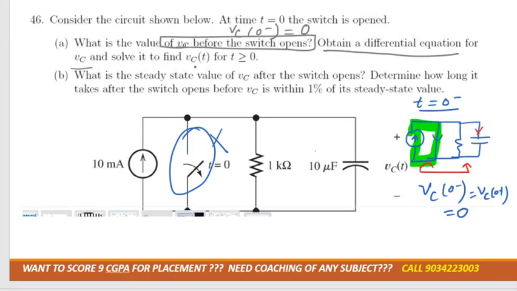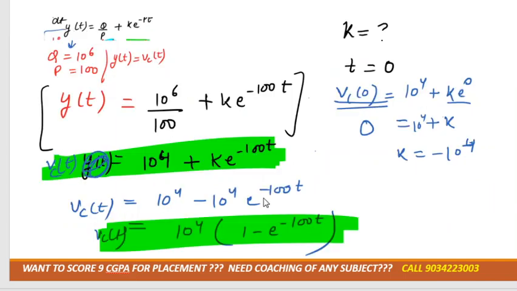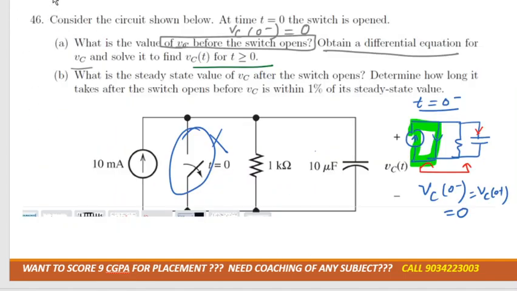Find Vc of t for t greater than 0, right? What is the steady state value of Vc after the switch opens? Determine how long it takes after the switch opens before Vc is within 1% of the steady state value.